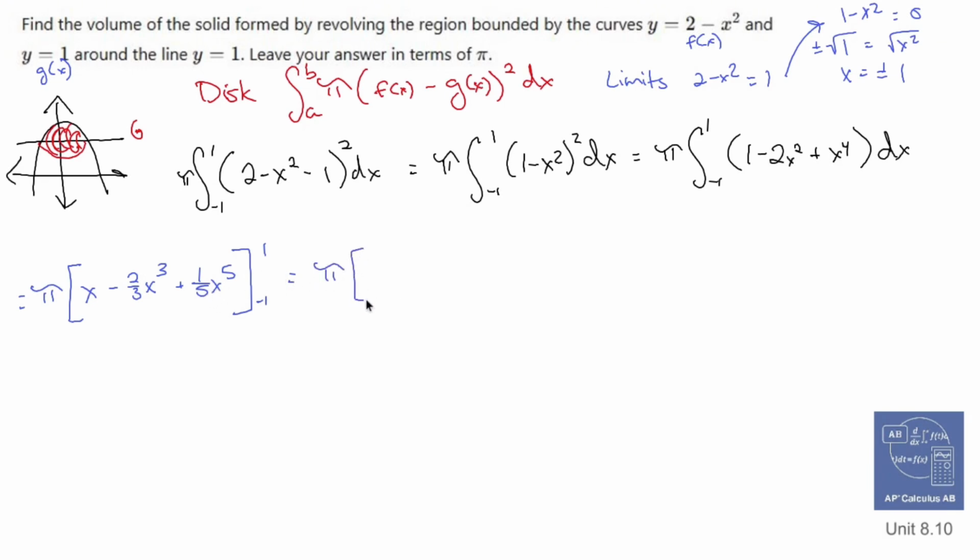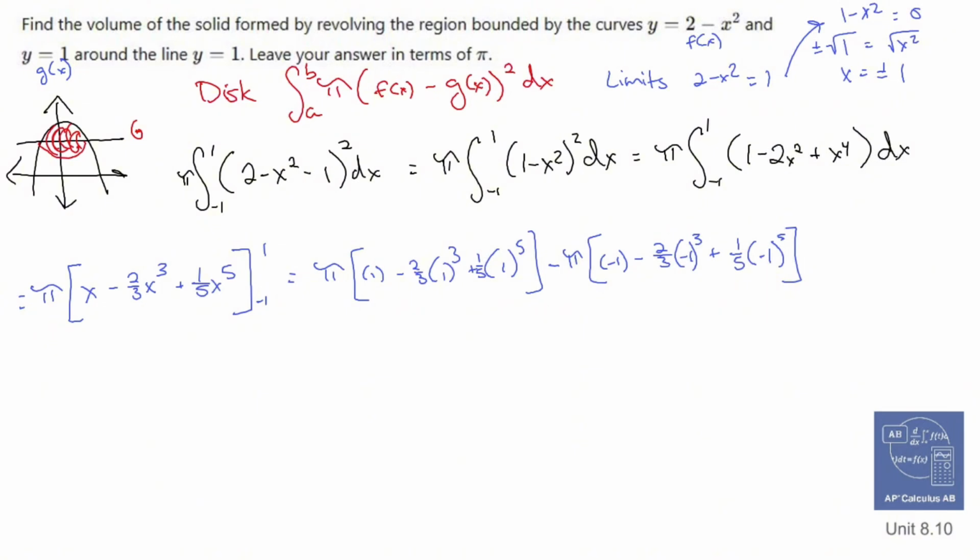Pi times 1 minus 2/3 times 1 cubed plus 1/5 times 1 to the fifth, minus pi times negative 1 minus 2/3 times negative 1 cubed plus 1/5 times negative 1 to the fifth.